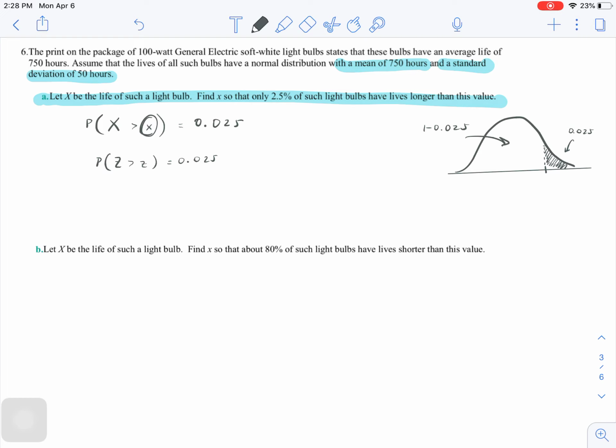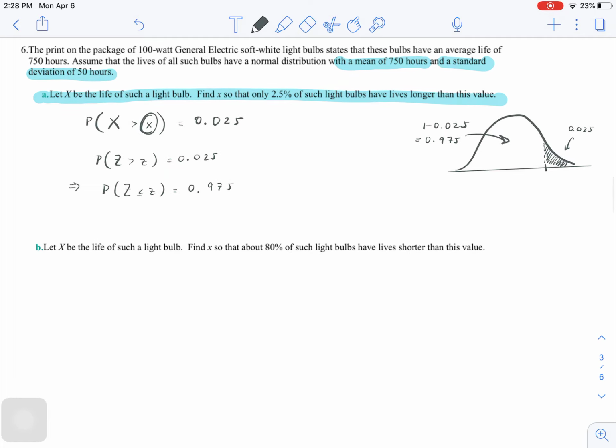Let's see, and what's 1 minus 0.025? That's 0.975. So we know that the area to the left is 0.975. So let's find the z-score corresponding to an area to the left of 0.975.